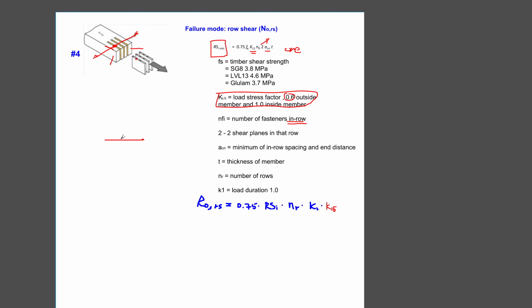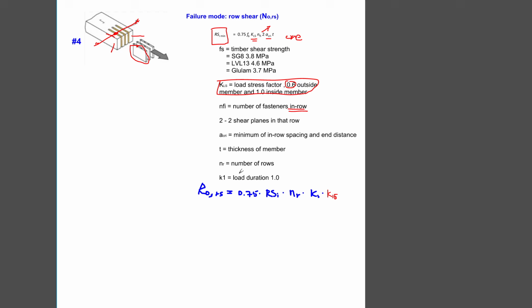You have a bolt in shear, you have 2 shear planes. That's what it's telling you. The 2 means 2 shear planes in that particular row. So this number is always going to be 2 if we are looking at one single row shear. Okay.